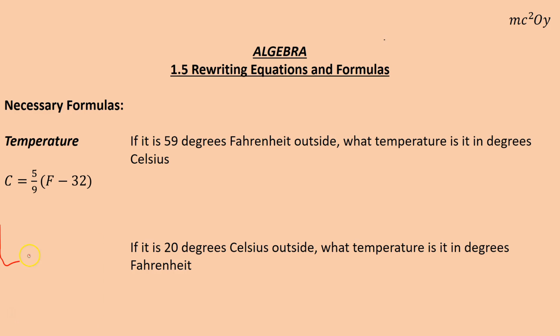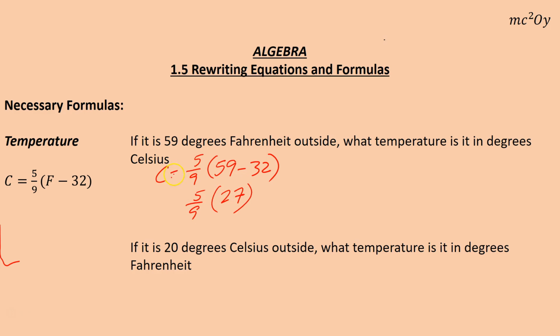A real quick estimate is to take whatever the Fahrenheit is and subtract 32, and then multiply it by 5/9. Now, 59 minus 32 is not all that complex. That would give you 27. 5/9 is a little more complex, okay?